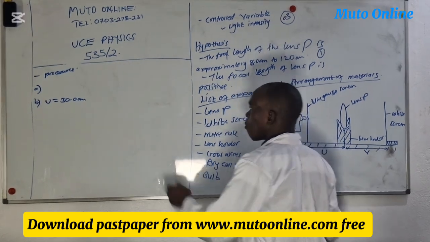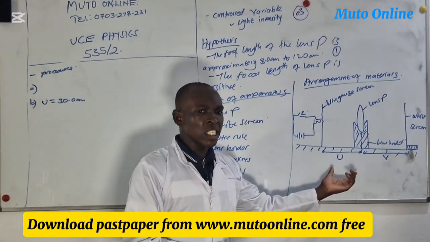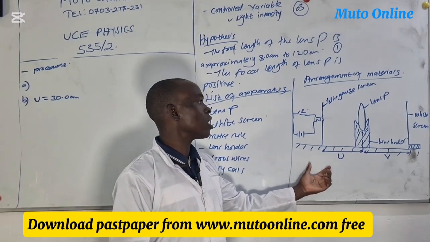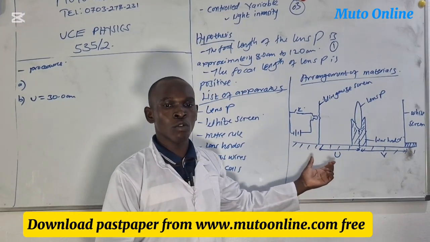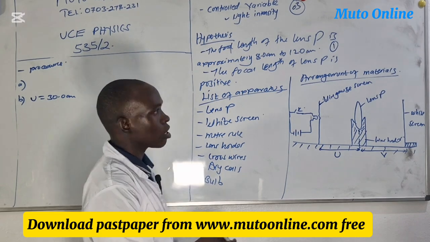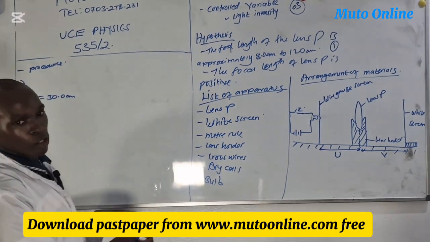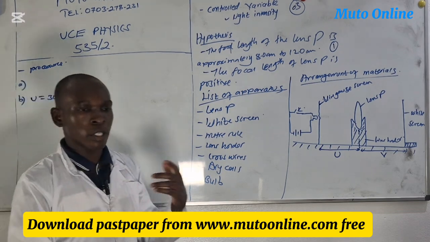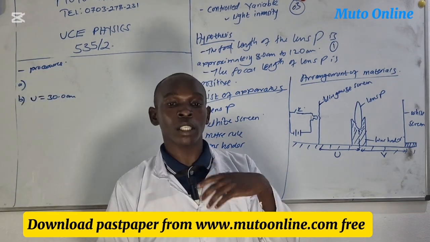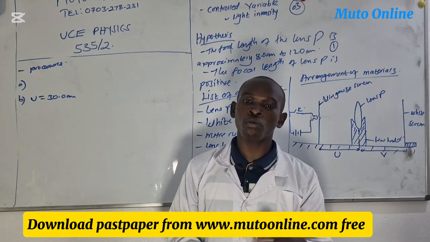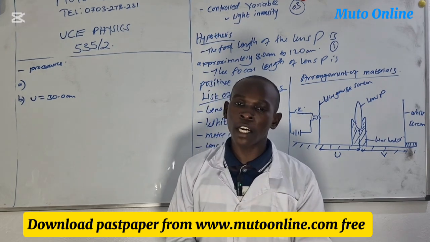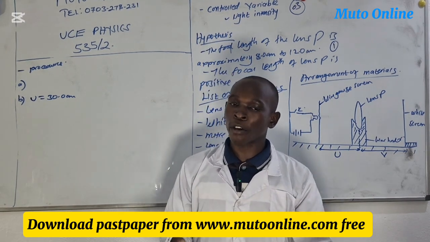So, adjust distance U, that is between the wire gauze screen and the lens P, to be equal to 30.0 centimeters. You may wonder why I'm putting 30.0 centimeters. That one, I will talk about it after. It comes as a result of the instrument you use to measure. So each instrument you use in physics here has its level of accuracy.